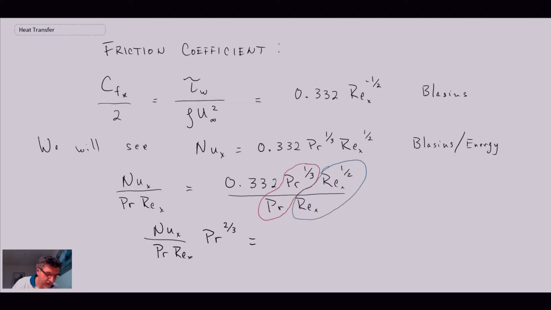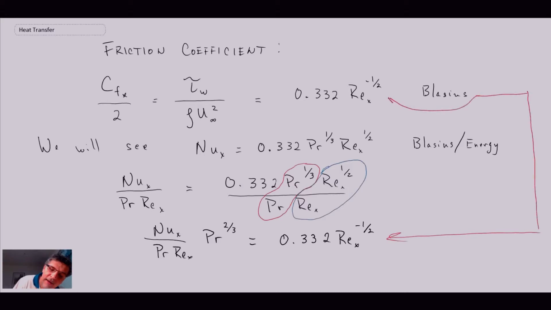And so what we end up with on the right-hand side, and what is interesting about this is this here and this, well, actually that, are the same. And that is where the analogy starts to come from. And it turns out that this applies for turbulent flow as well.